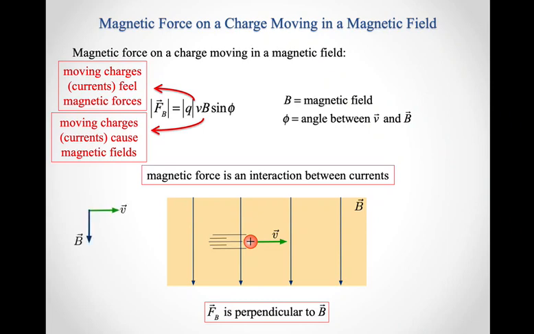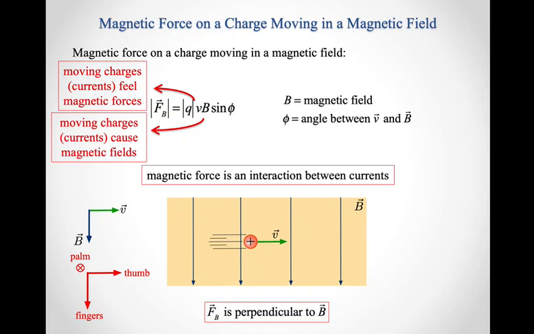In this case, they happen to be the velocity vector of my charged particle and B, the magnetic field. And so I will have a right-hand rule just like before. In this case, I'm going to put my thumb in the direction of the velocity vector. I'm going to put my fingers in the direction of the field still, and my palm will push in a particular direction.